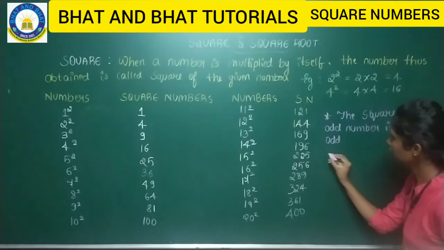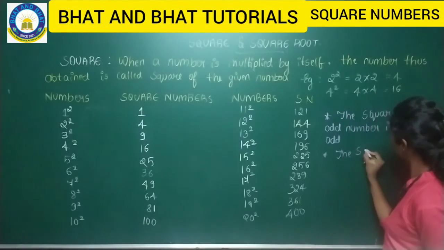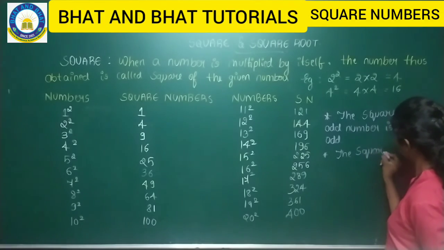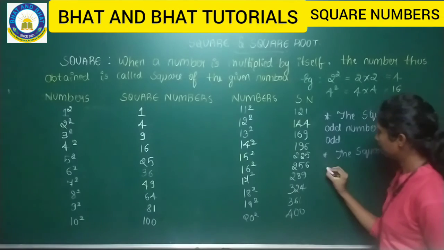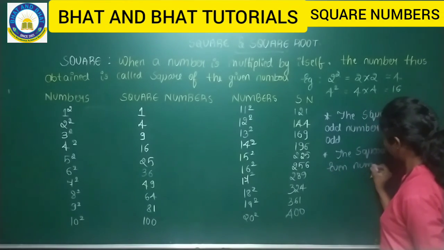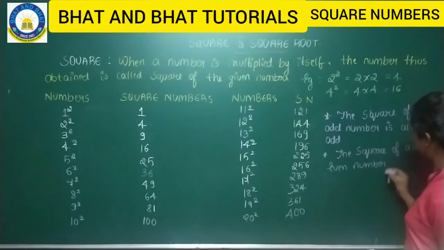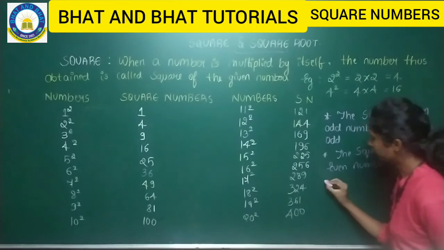Fine. And then one more point: the square of an even number is always even.